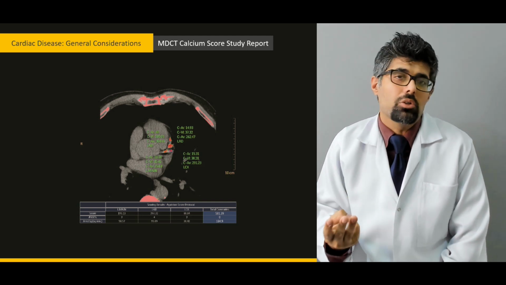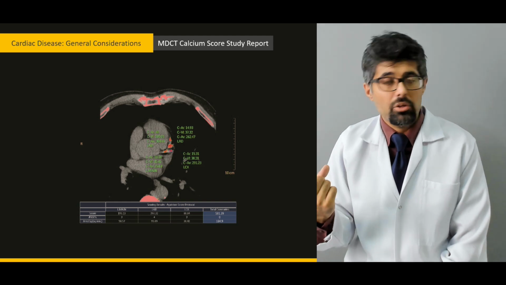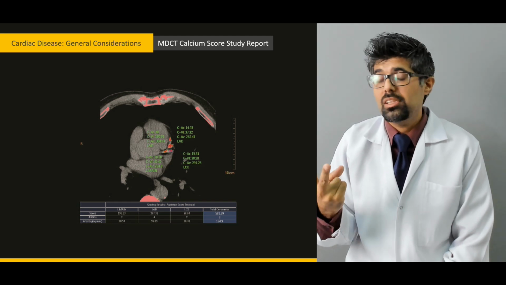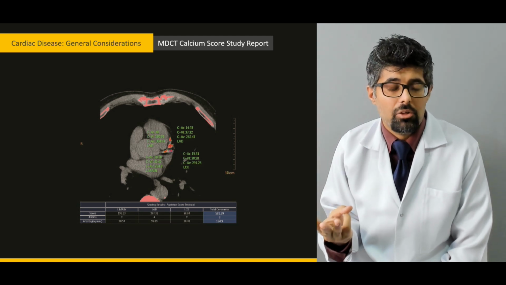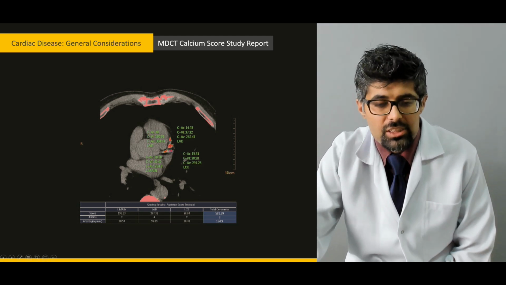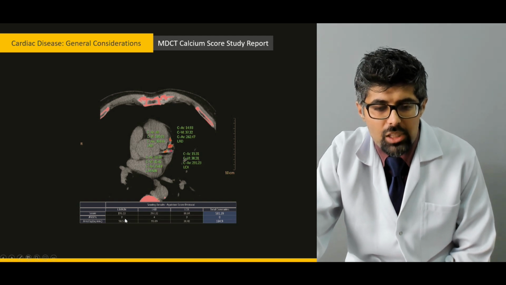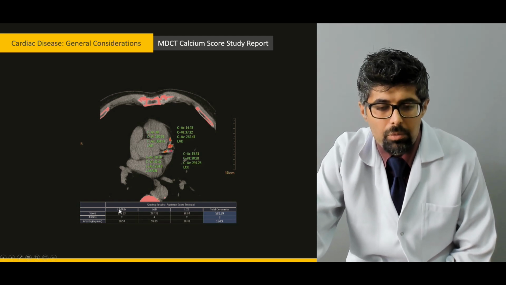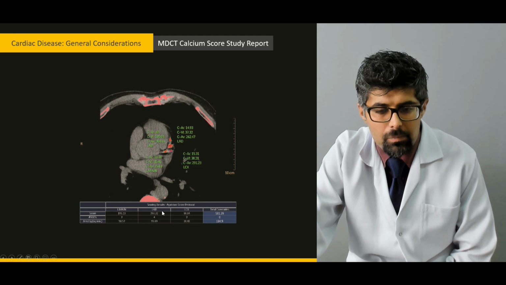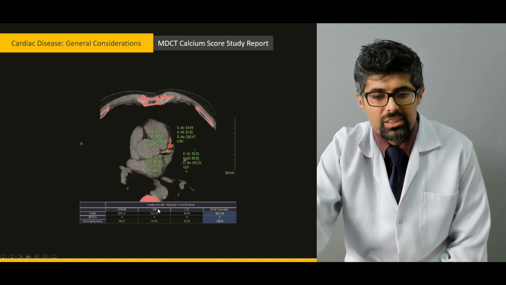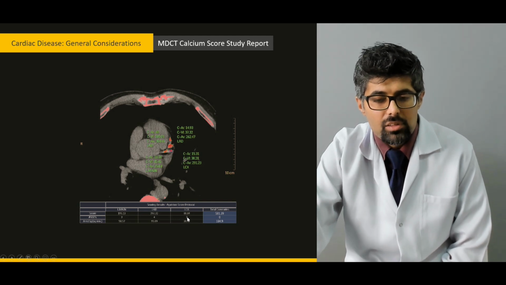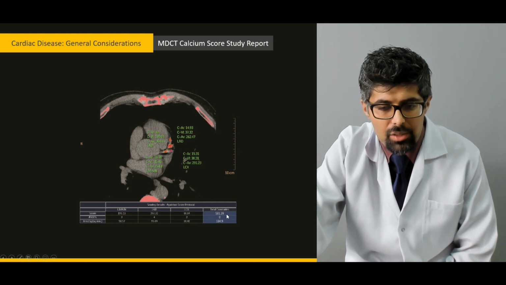There are three coronary arteries: the right coronary artery, the left anterior descending artery, and the left circumflex artery. Here, as you can see, the score is given for the left main, the left descending, and the left circumflex. And the total score is given here.